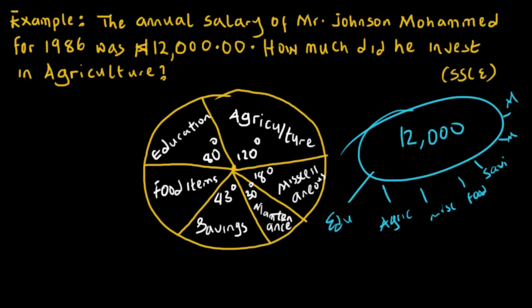Now we are asked, how much did he allocate for agriculture? Does that make sense? So looking at the degrees for each of these expense, if you may, how much was allocated to agric? Can we solve that?